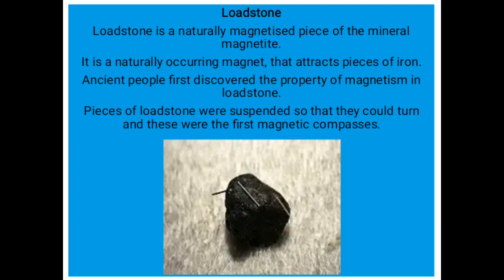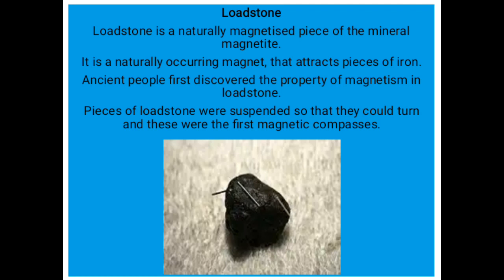What is lodestone? Lodestone is a naturally magnetized piece of mineral magnetite. Is a naturally magnetized piece of what? Mineral magnetite. It occurs naturally, do you know? And it attracts pieces of iron. Ancient people first discovered the property of magnetism in what?